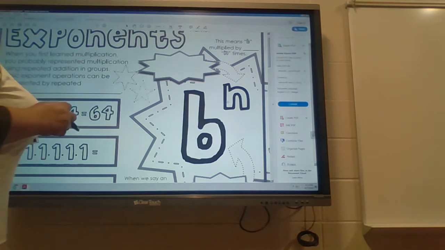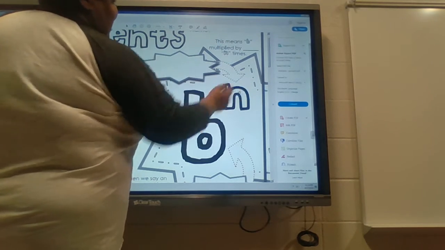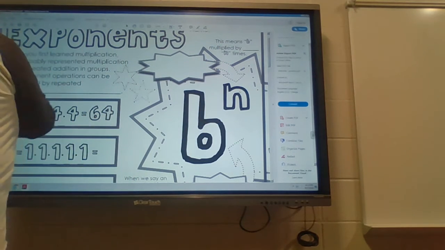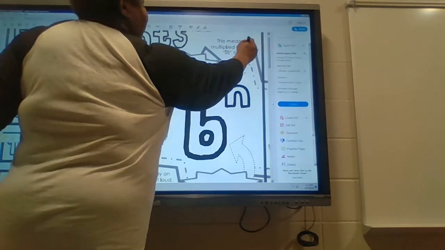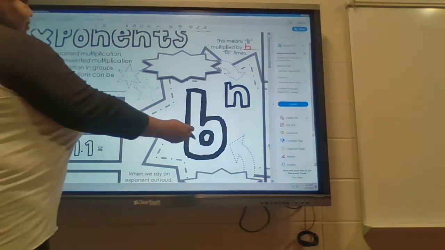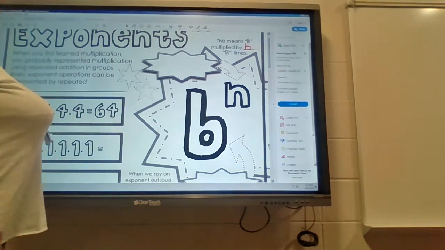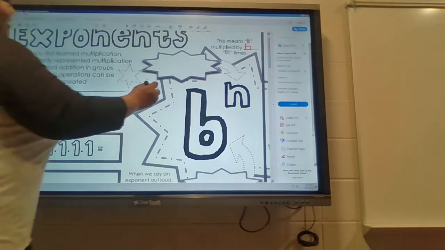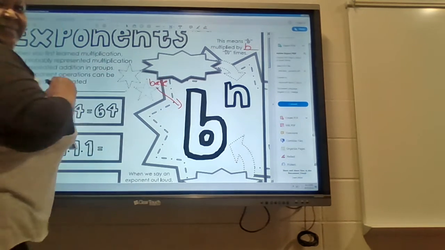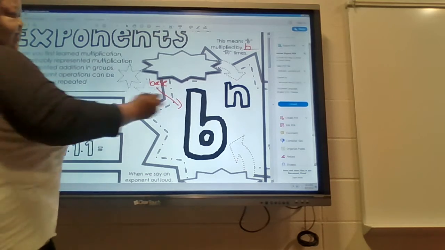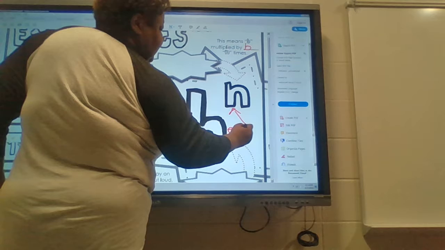So what this means is B is multiplied by itself N times. Go ahead and color that in. This is your base. And this N, that is your exponent.